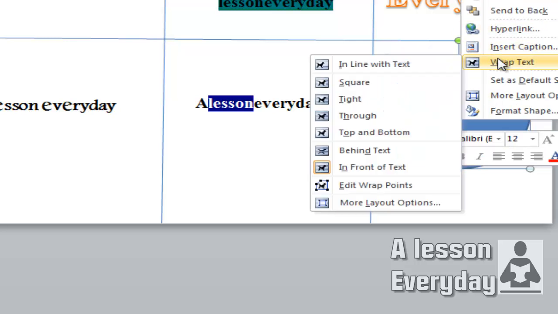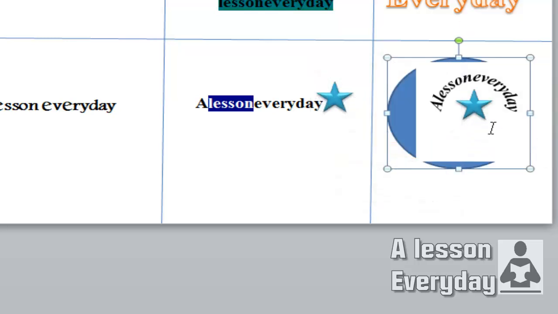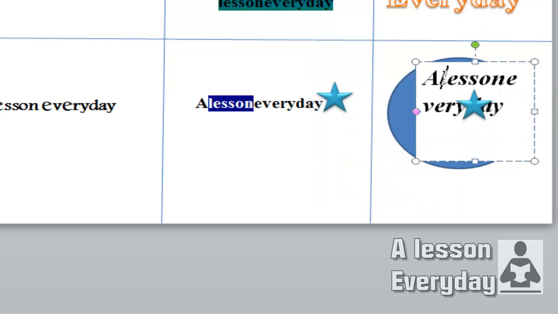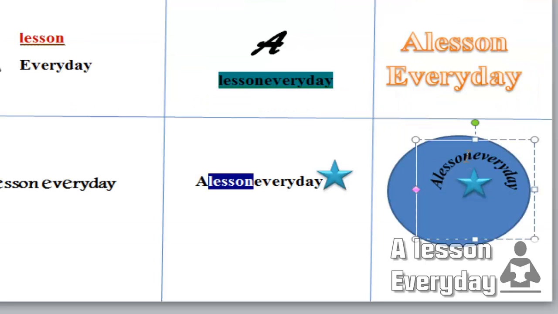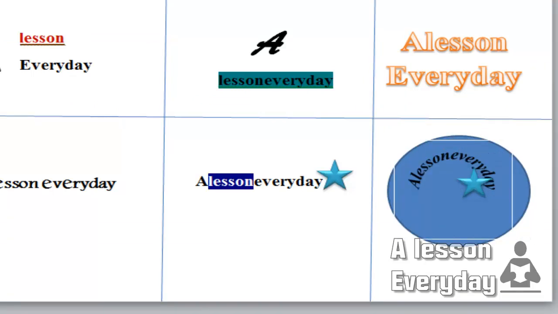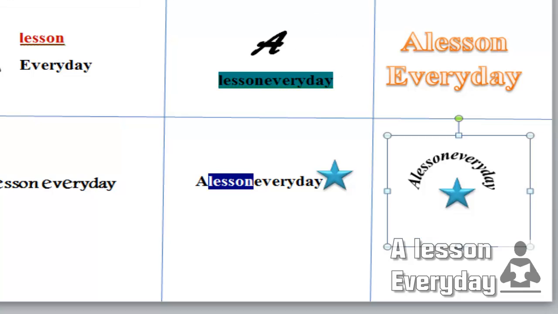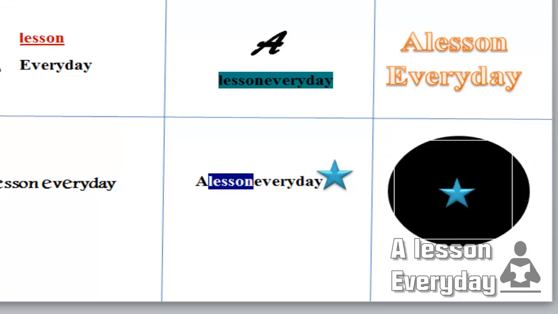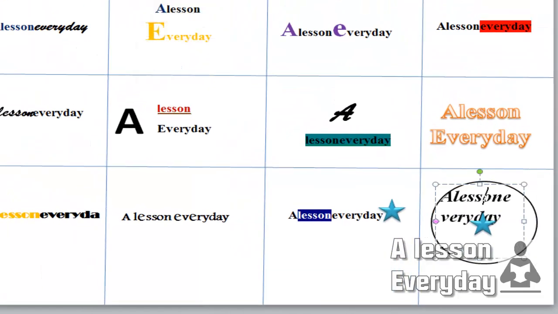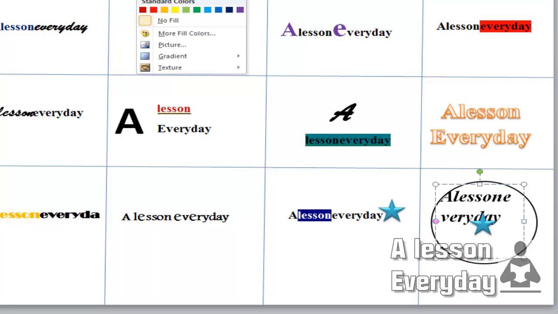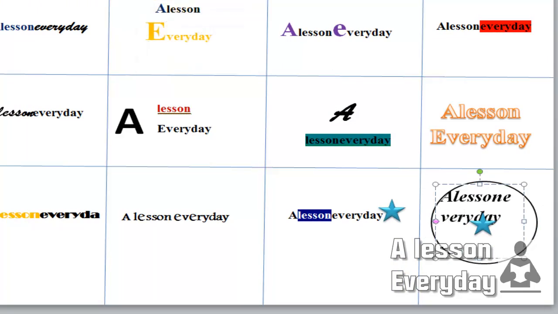I will of course send it back behind the text. I'll make sure the shape has no outline, and for the text I will have no fill and no outline, of course.